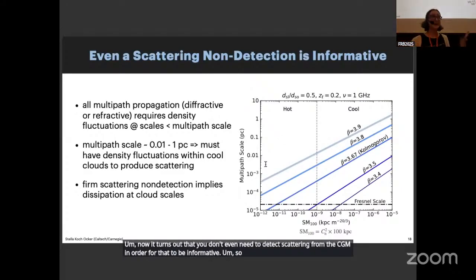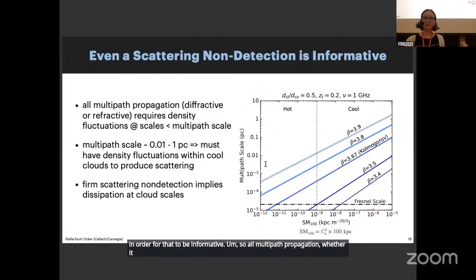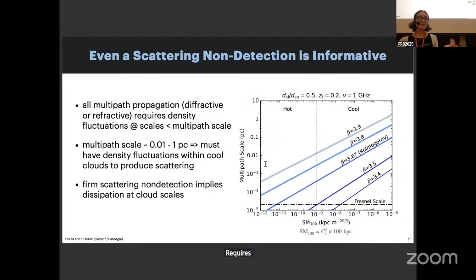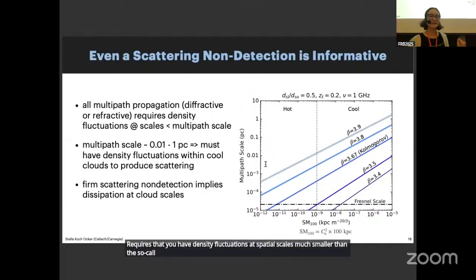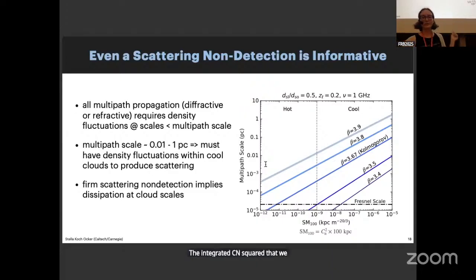So all multipath propagation, whether it's diffractive or refractive, requires that you have density fluctuations at spatial scales much smaller than the so-called multipath scale. Here you can see the multipath scales that we predict as a function of the integrated Cn squared that we infer from quasar results.